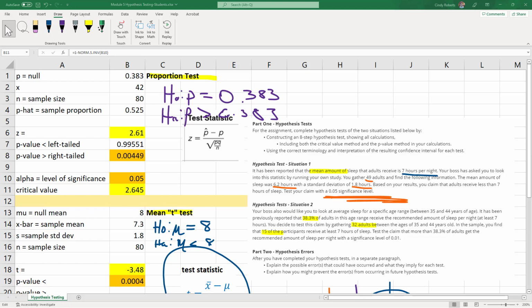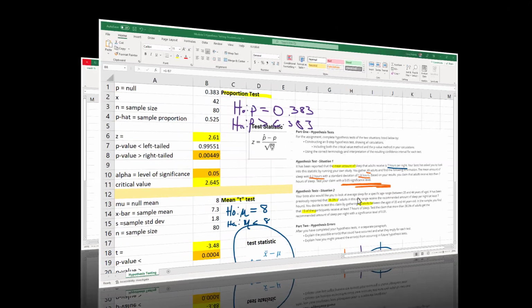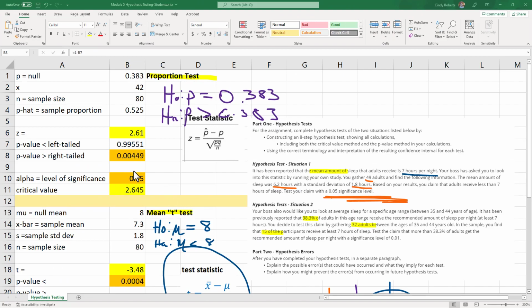2.61. And so what I can see is, based off of all my values here, it looks like my p-value, what's going on here? Well, silly Cindy didn't read the question. This one's a 0.01.